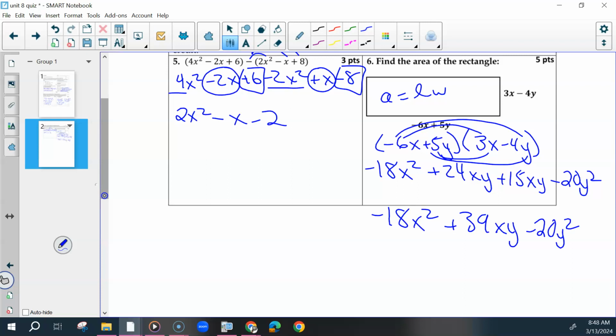So the 5 points on that were, did you get each of these 4 terms correct and the final answer? Questions on that one? Why are they squares like 18 and 21? Because we're multiplying like bases, so we're adding the exponents. Other questions?